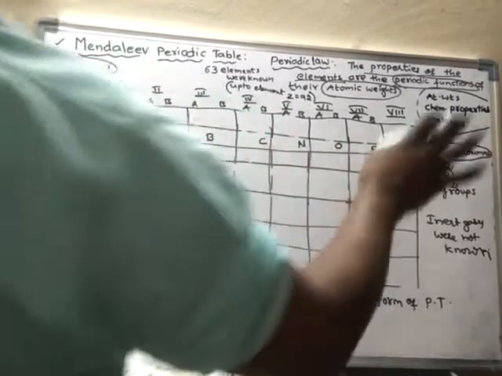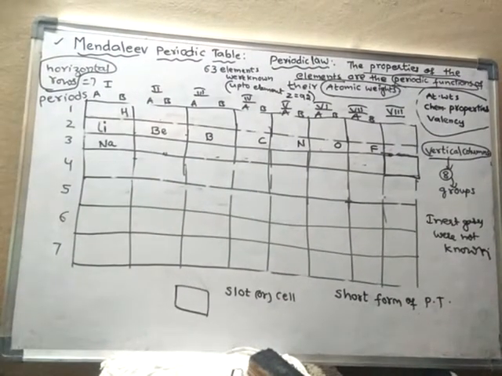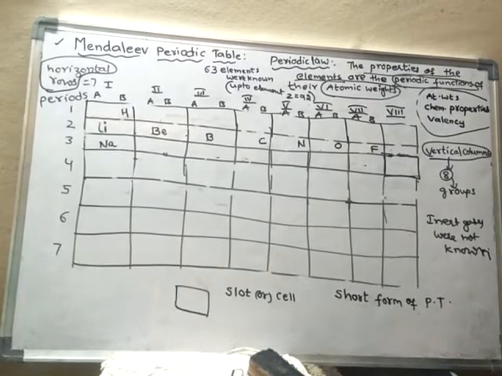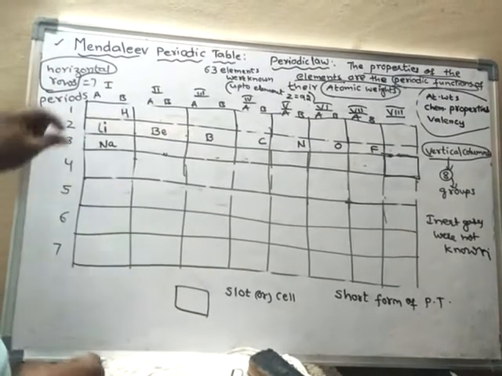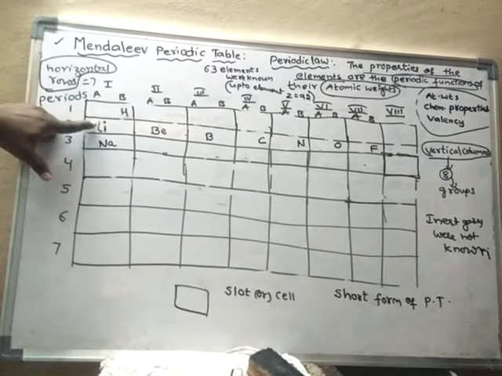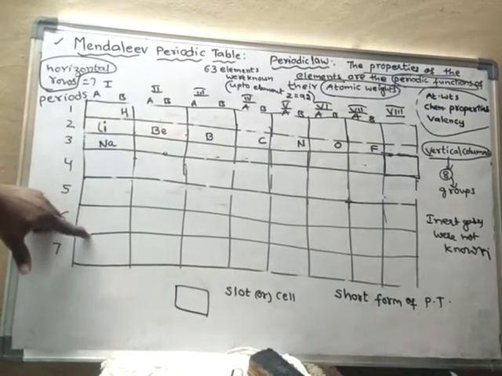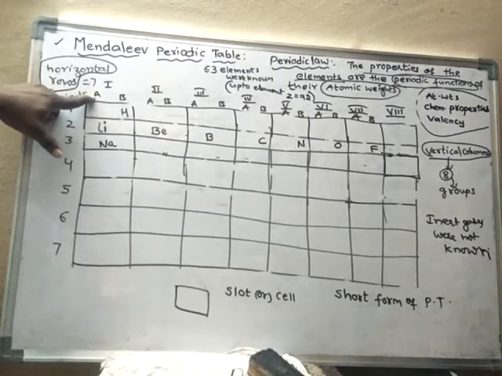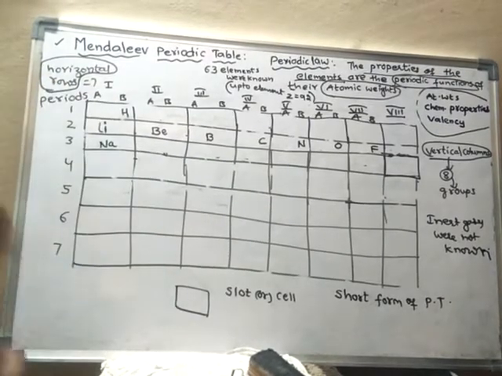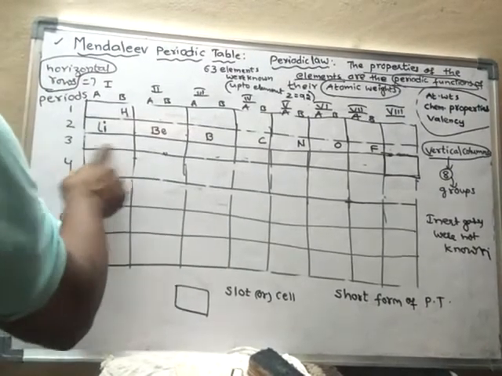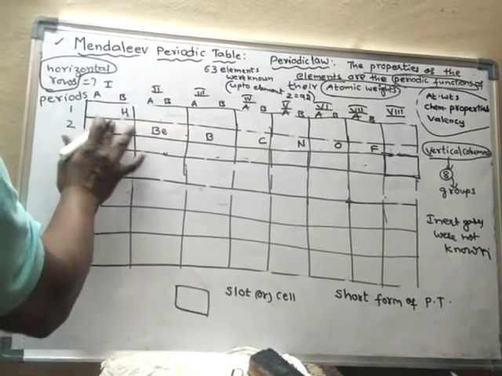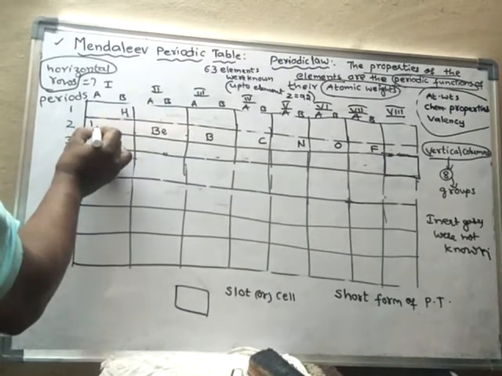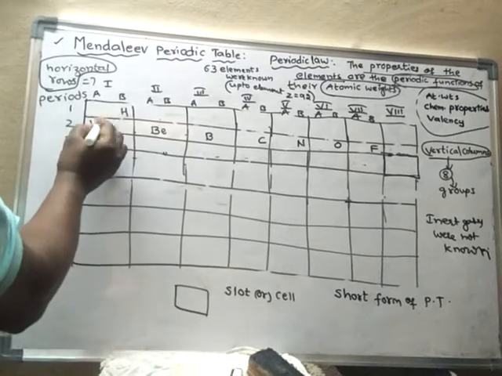So like this he arranged the elements. And he said that elements which belong to a particular subgroup, for example, this is first A subgroup and this is first B subgroup, they show maximum similar properties.